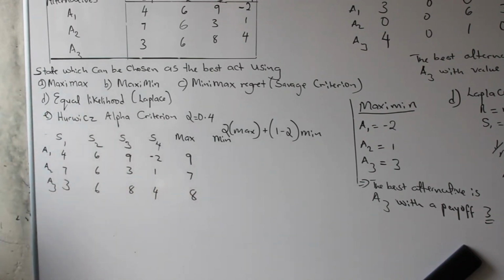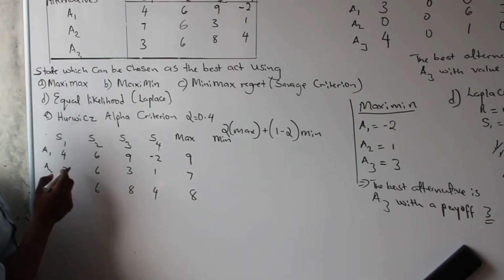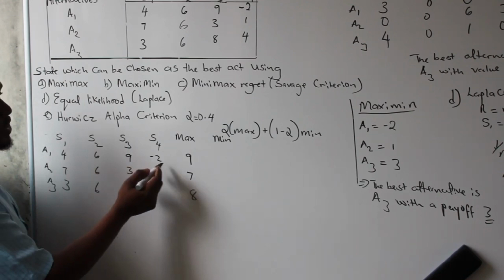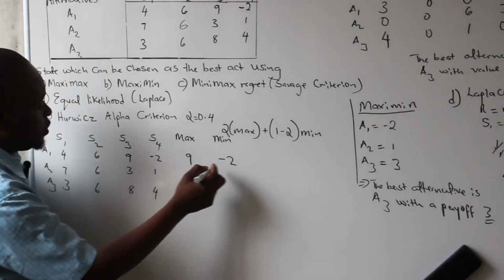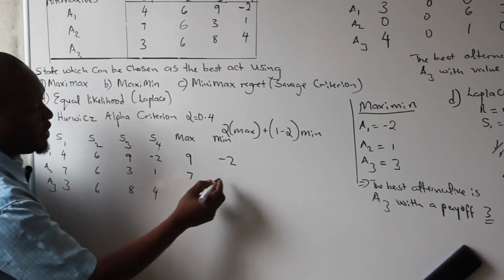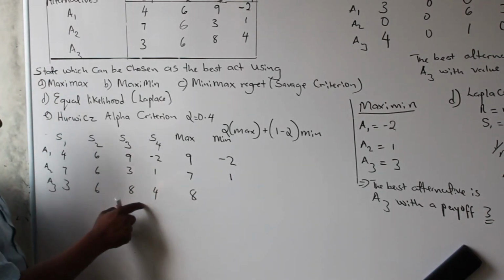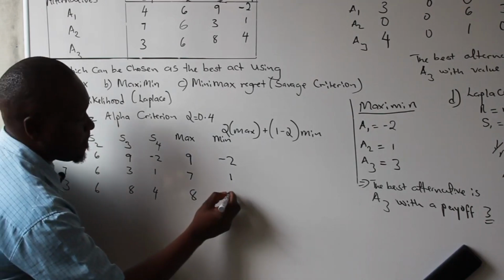The same happens for the minimum. You look for the minimum on each row. A1, the minimum is -2. Then A2, the minimum is 1, and A3, the minimum is 3.